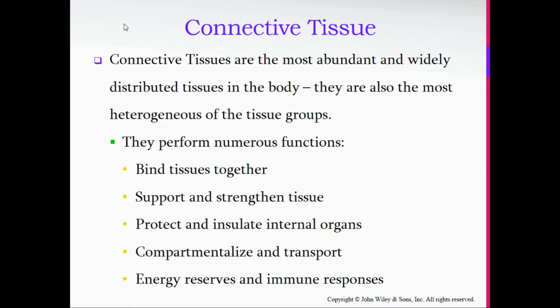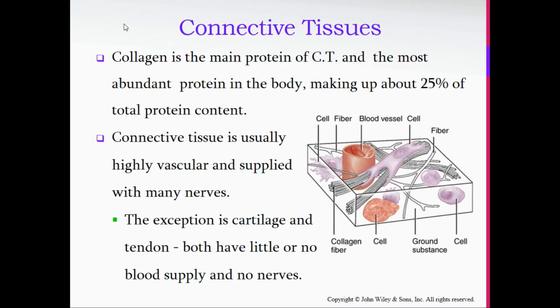They perform numerous functions, such as they bind tissues together, they support and strengthen tissue, they protect and insulate internal organs, they compartmentalize and help transport other substances, and they also serve as an energy reserve and function in immune response. Collagen is the main protein of connective tissue and the most abundant protein in the body, making up about 25% of total protein content in your body is going to be collagen fibers.